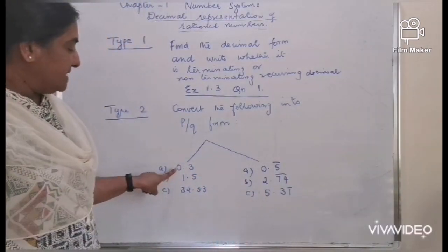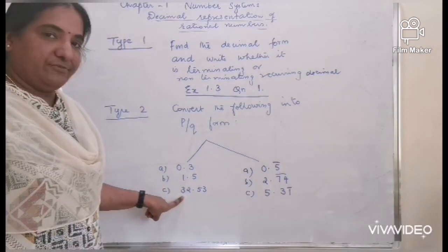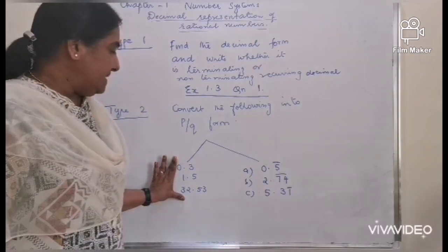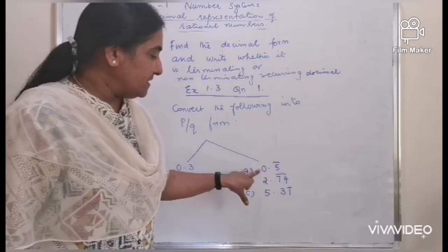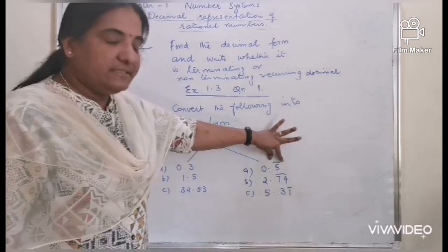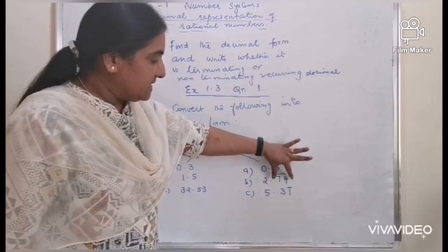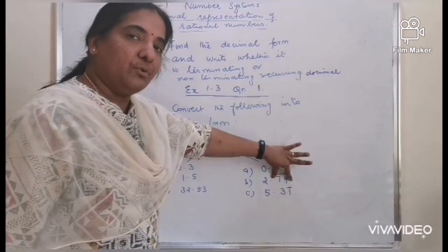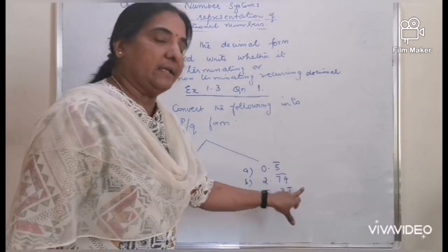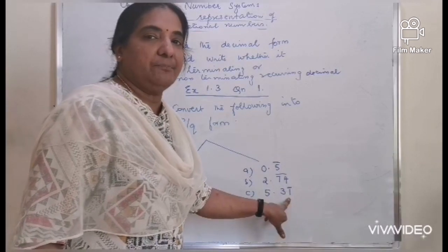The terminating decimals are 0.3, 1.5, 32.53. These are the first type of questions. The second type of questions are recurring: 0.5 recurring, which means only the digit 5 is recurring; 2.774 recurring, where the digits 7, 7 and 4 are recurring; 5.31 recurring, where only the digit 1 is repeating.